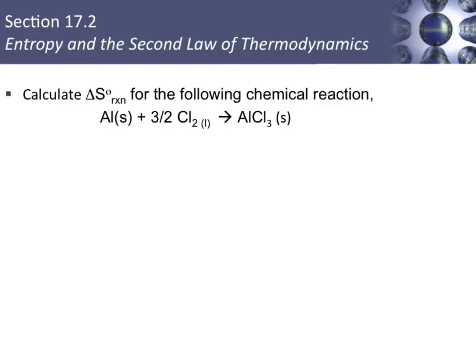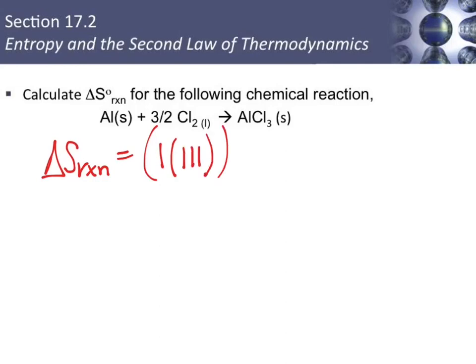So we're going to go back and we're using the table that you used above. Calculate delta S for the following chemical reaction. So we want delta S of the reaction, which is equal to Al, there's one of them, and Al's S is 111.